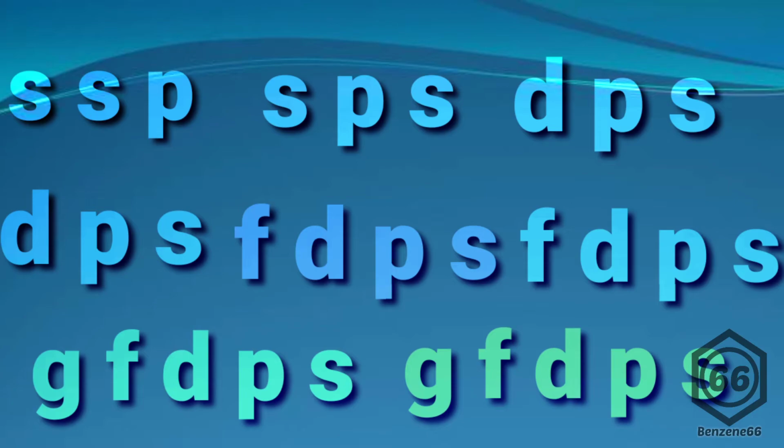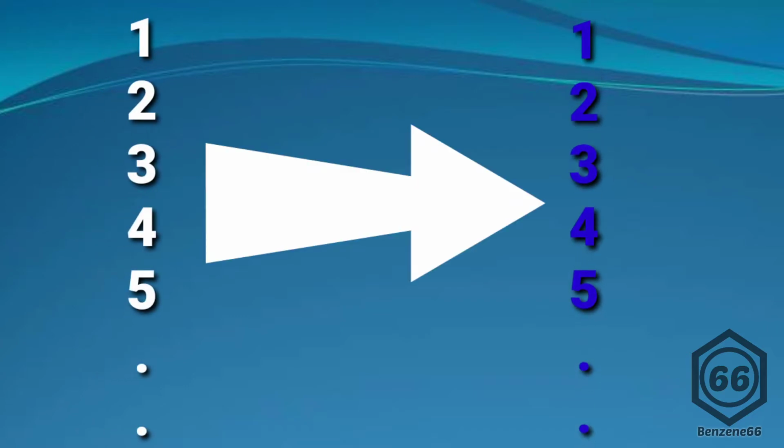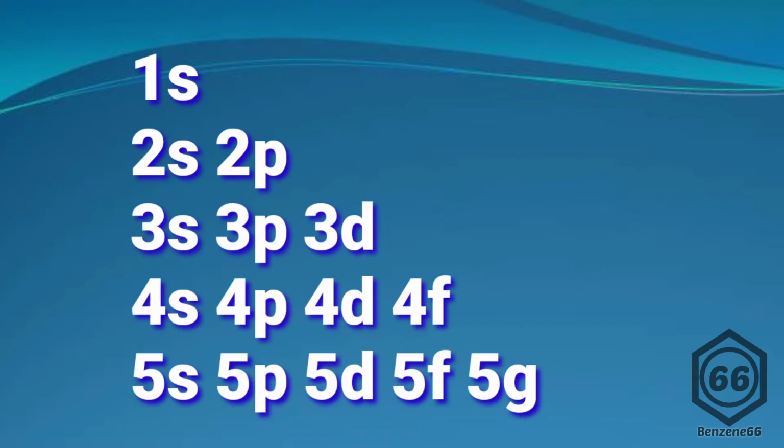Now we have to do the numbering of the various subshells. For that you just have to write 1 once, 2 twice, 3 thrice. Do not forget that one shell can have only one s, one p, one d or any other orbital. That cannot be twice for any shell.